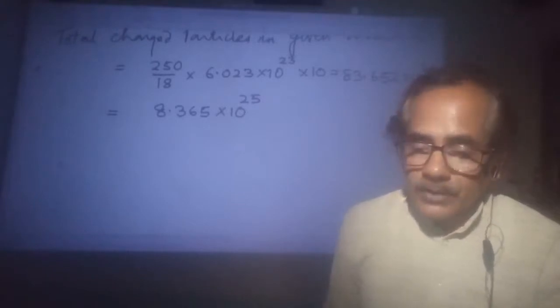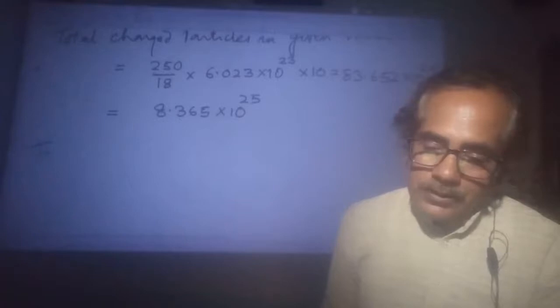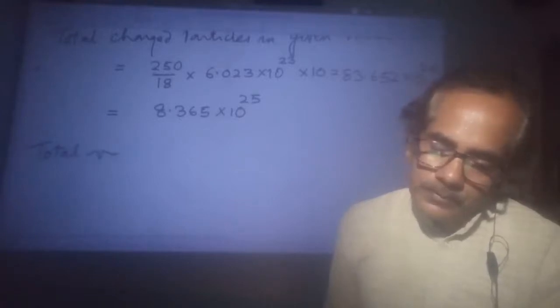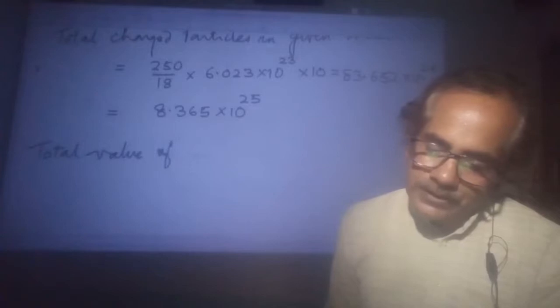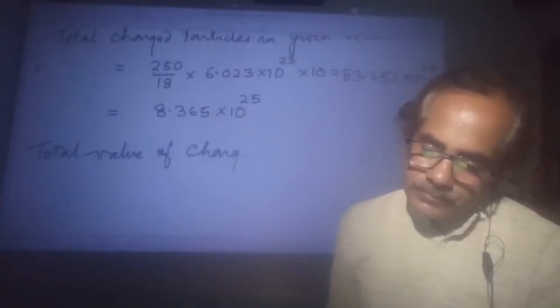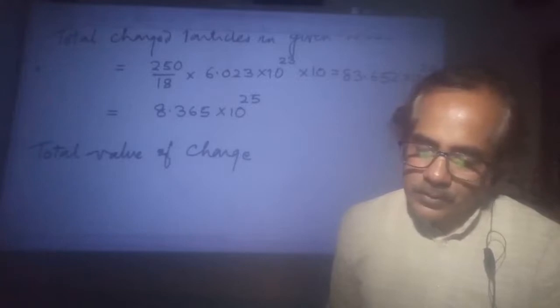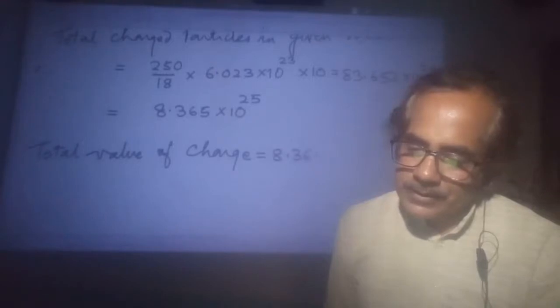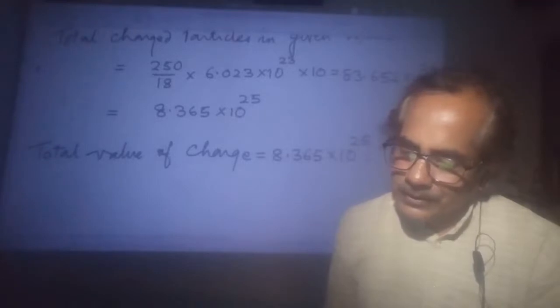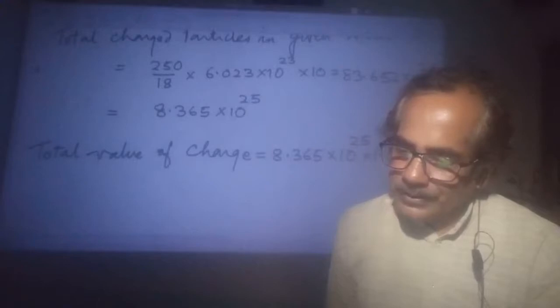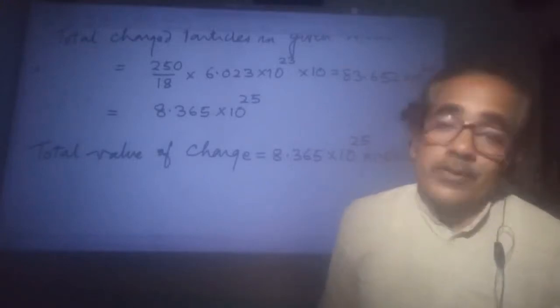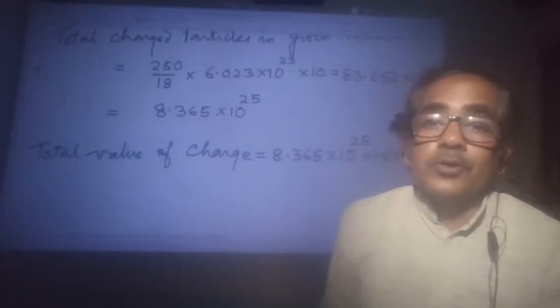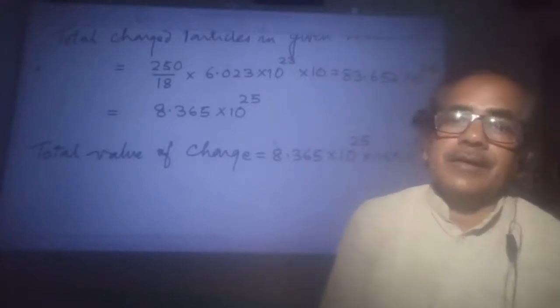Total value of charge equal to 8.365 into 10 to the power 25 into 1.6 into 10 to the power minus 19. Actually, I have done this part-wise calculation to make you understand the thing properly.